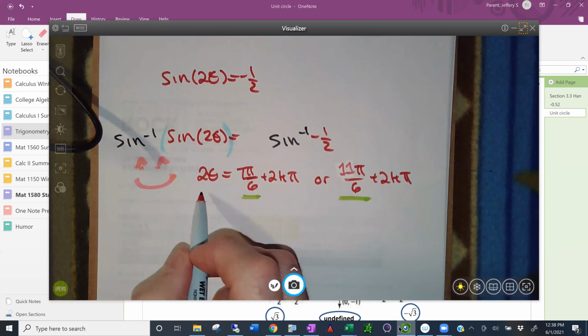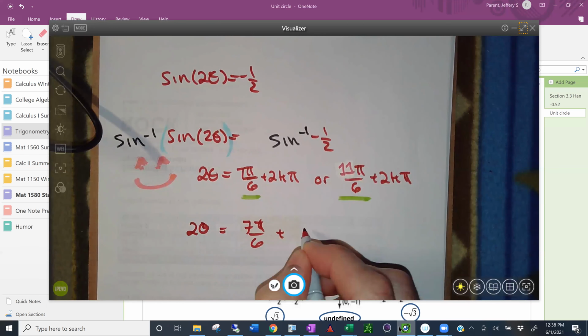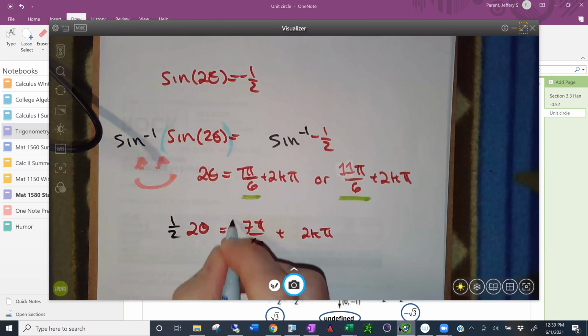So I'm going to divide both sides by 2 to finish solving this. Or instead of dividing by 2, maybe it'd be easier to work with if I multiply by the reciprocal. What's the reciprocal there? Half. Yeah, 1/2. So I'll do 1/2 times everything.